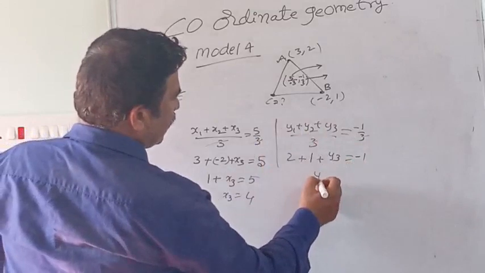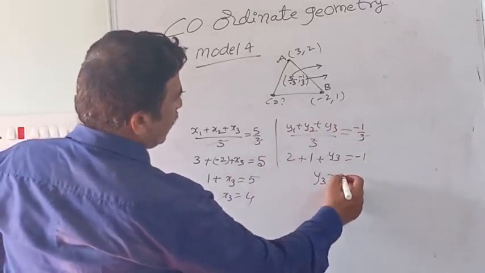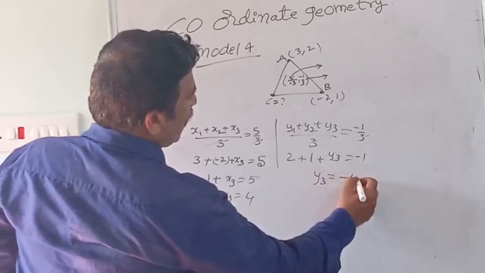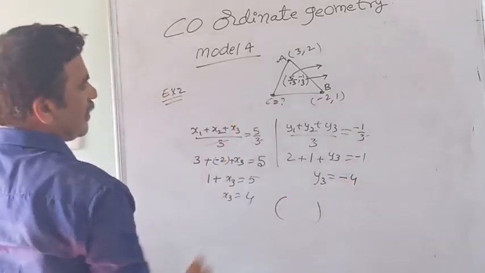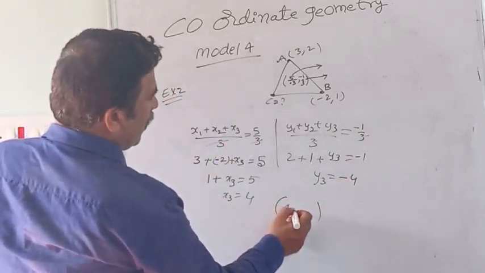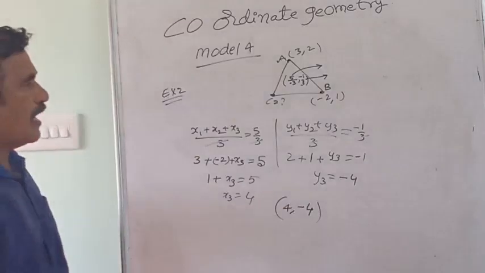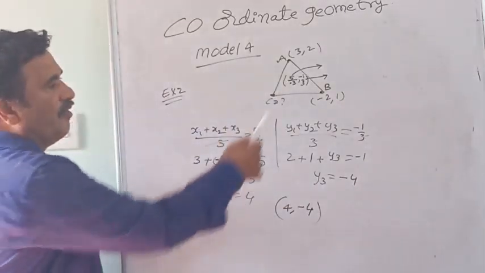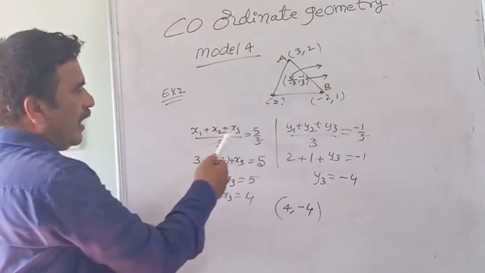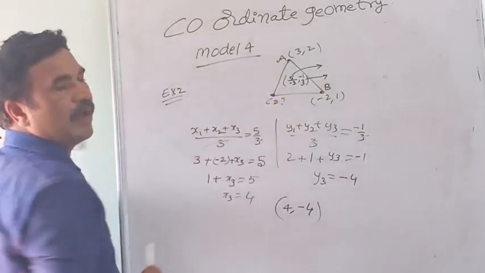Now send that to the other side, y3 is equal to, this 3 sent to the other side becomes minus 3, total it is minus 4. Therefore, the missing point C is 4 comma minus 4. This is very important. When the centroid is given, the missing vertex is important. Take the x value with the x formula, the y value with the y formula.